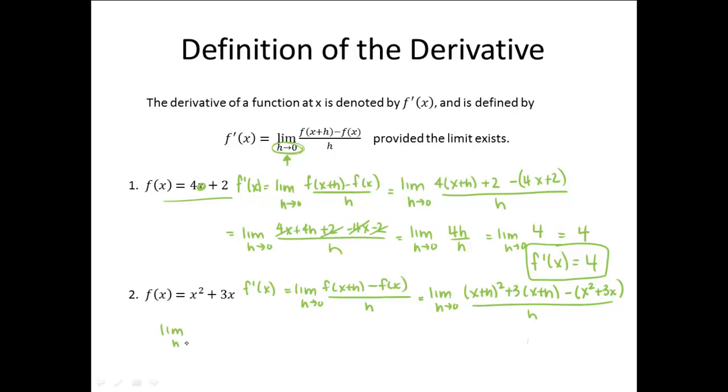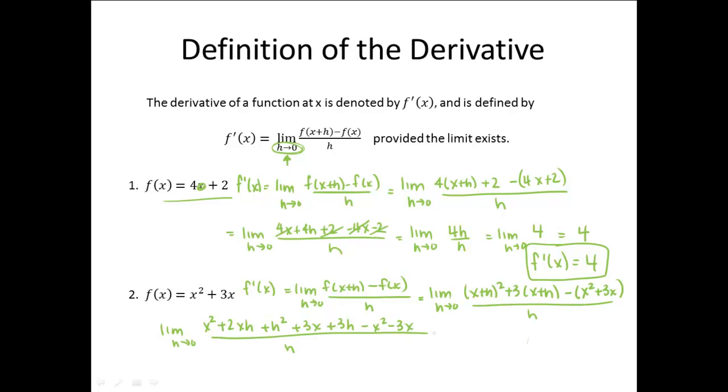The limit as h approaches 0, I'm going to have x squared plus 2xh plus h squared plus 3x plus 3h minus x squared minus 3x all over h.